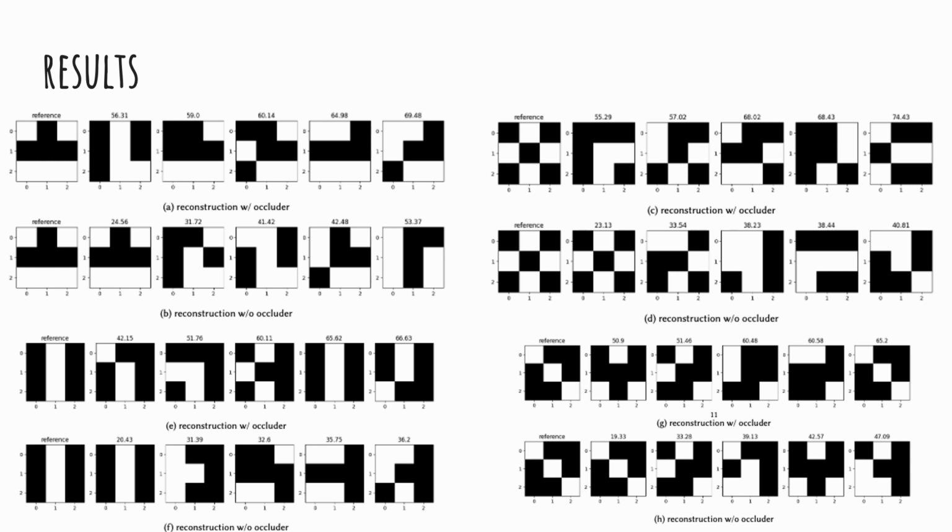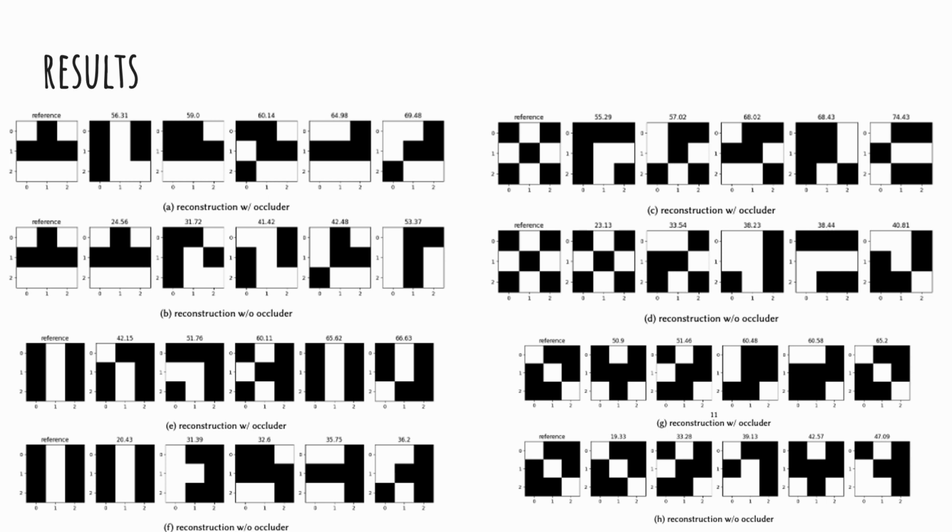So the first row in each set here is a reconstruction with an occluder present, and the second row is a reconstruction without an occluder. As you can see, in all 4 of the examples, the reconstruction without an occluder was able to reproduce the actual hidden image as a top result, so the one with the minimum squared distance from the actual captured image, whereas the reconstruction with an occluder struggled a little bit more.